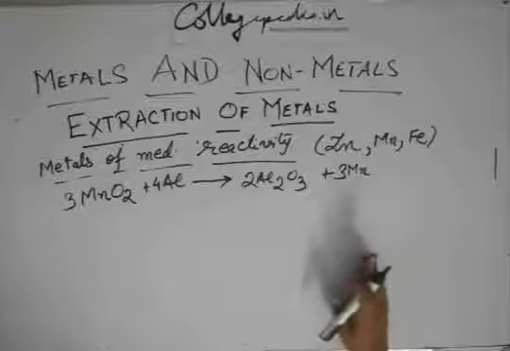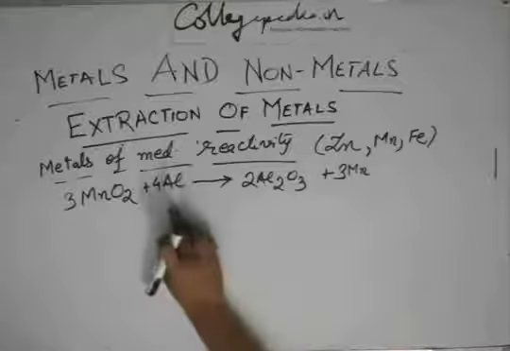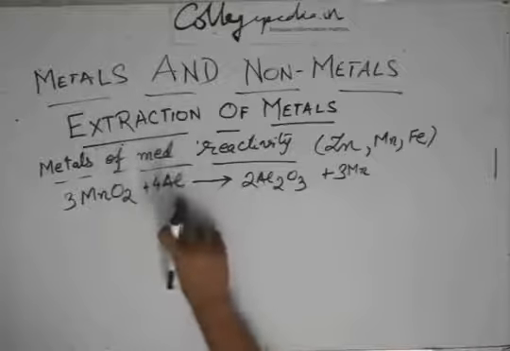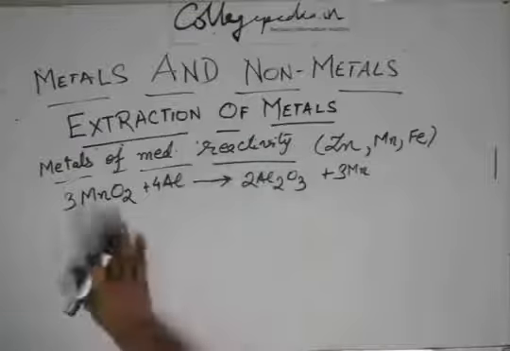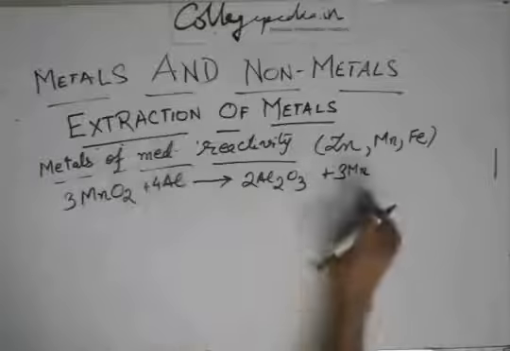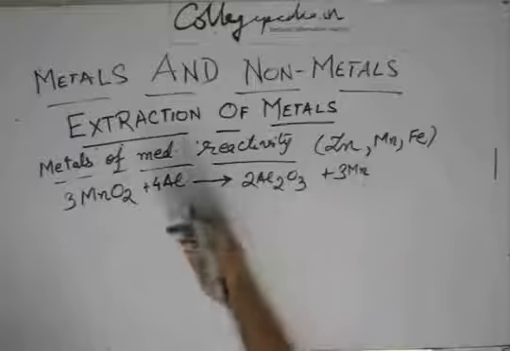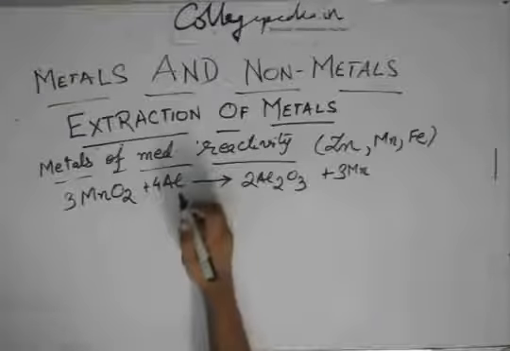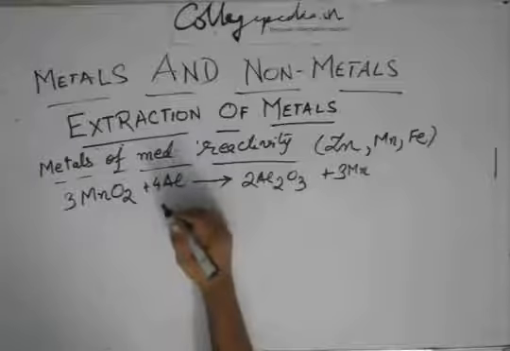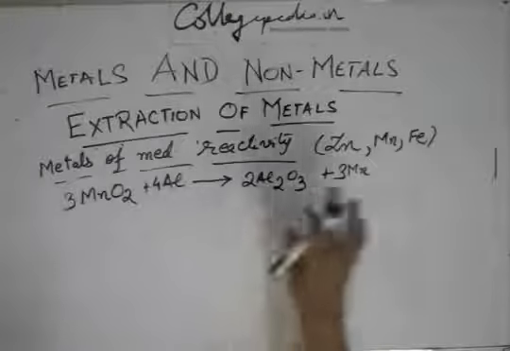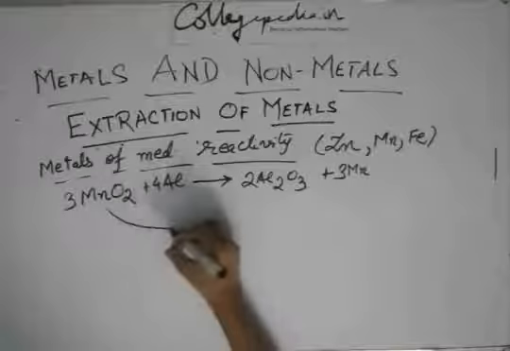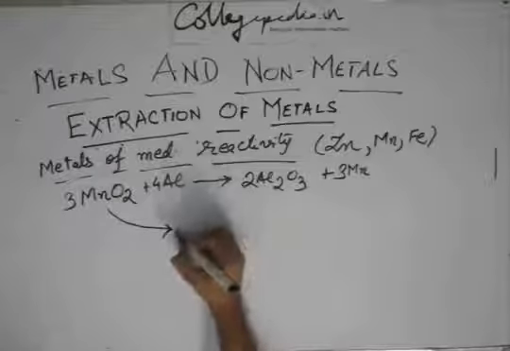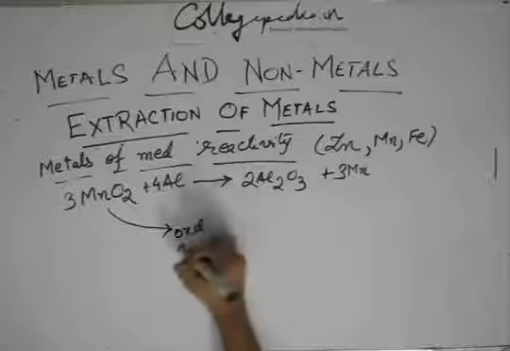And in this reaction, see, aluminium snatches away oxygen from manganese and becomes aluminium oxide, and manganese gives away oxygen to aluminium, becoming manganese. So what is the oxidizing agent over here, which itself gets reduced? Manganese dioxide gets reduced to manganese because it gets deprived of oxygen. So this is the oxidizing agent.